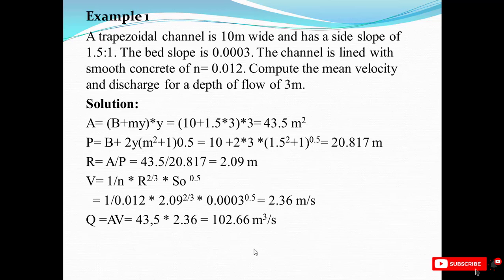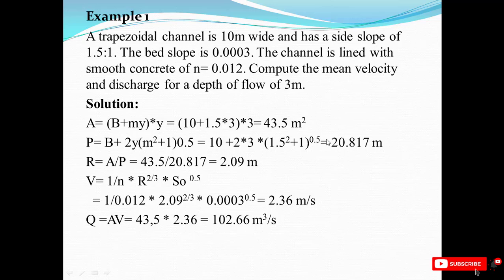First example: compute the mean velocity and discharge for a channel of 3 meter depth. The channel is trapezoidal, with B equal to 10 meter, side slope 1.5, longitudinal slope 0.0003, and n equal to 0.012. First, because it is trapezoidal, A is equal to (b plus m y) times y, like this.